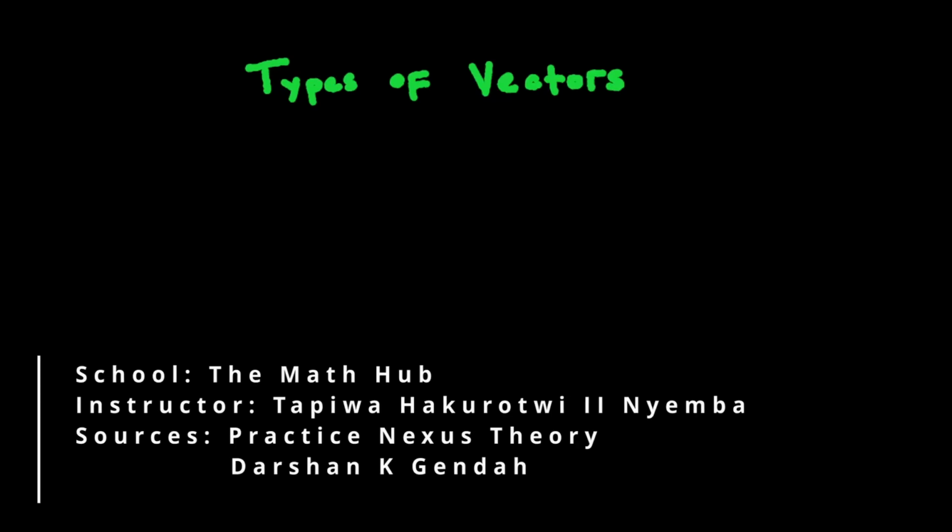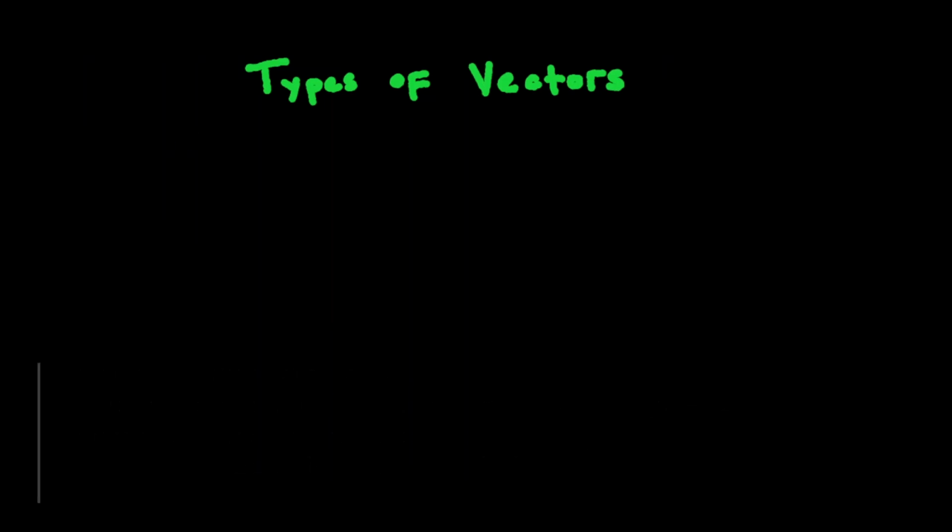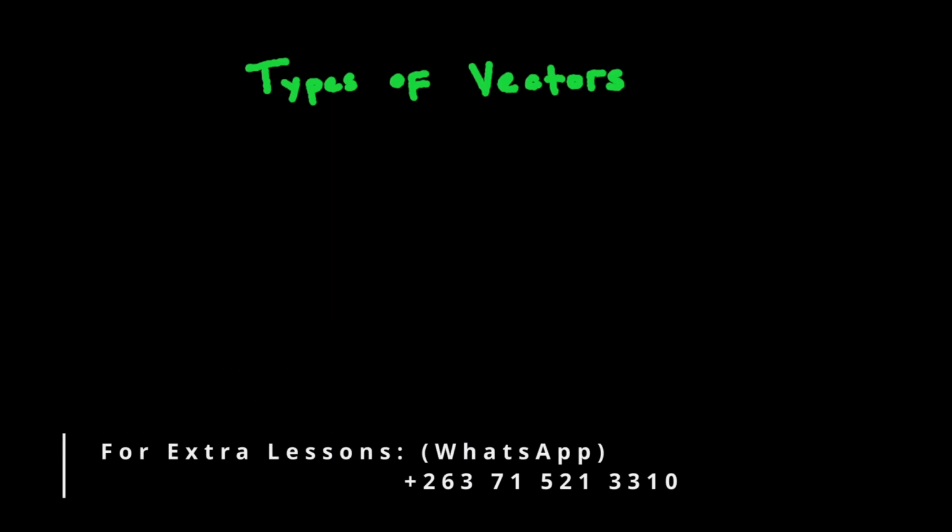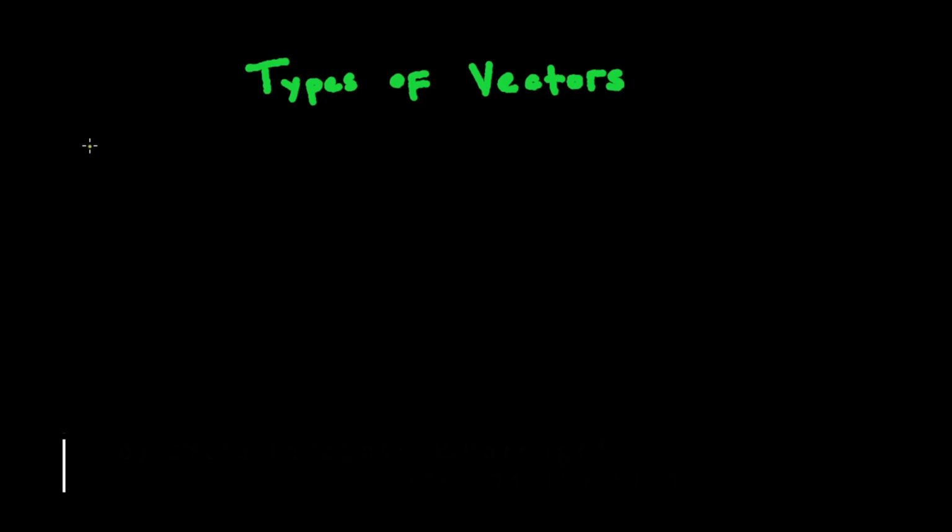Good day, good people. In today's lesson, we are going to look at types of vectors. So today we want the different types of vectors. This is going to be our subtopic. What are these types of vectors?